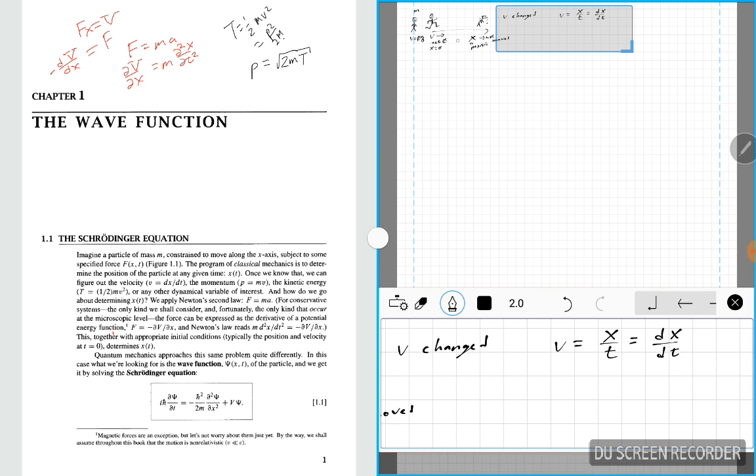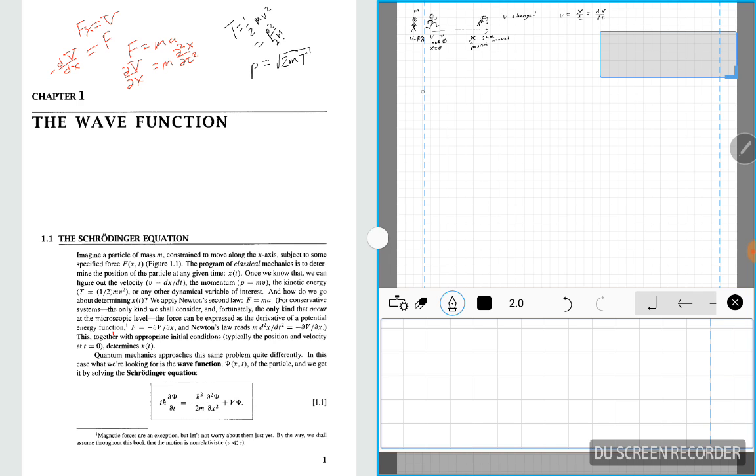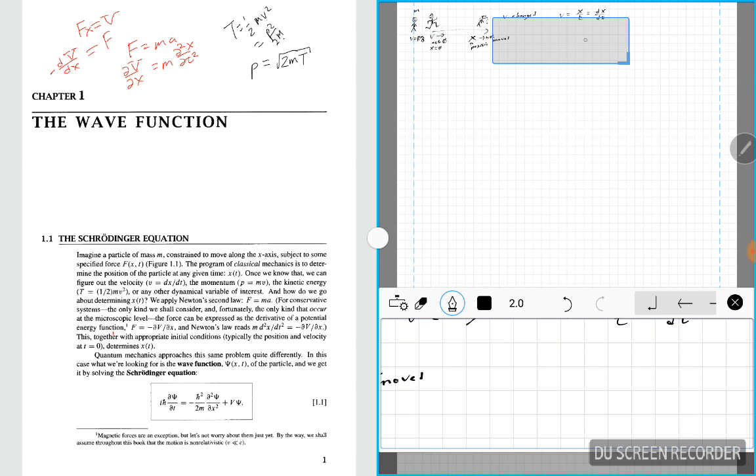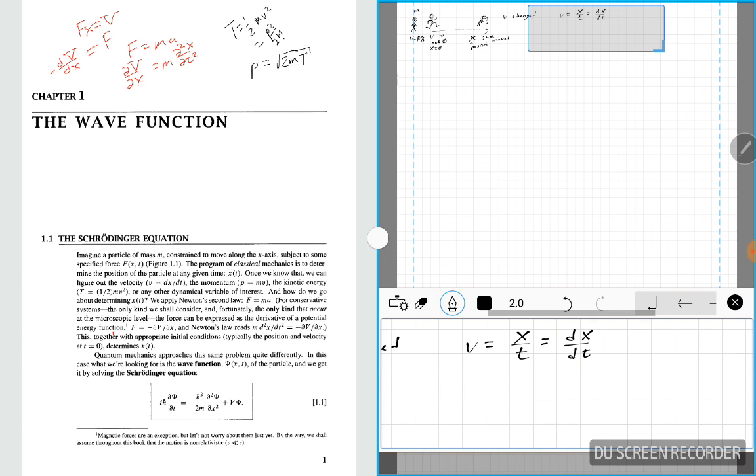If you started out not moving and then started moving, then that means the velocity changed from 0 to something that wasn't 0. And we can call that the acceleration. So our acceleration is our change in velocity over our change in time.